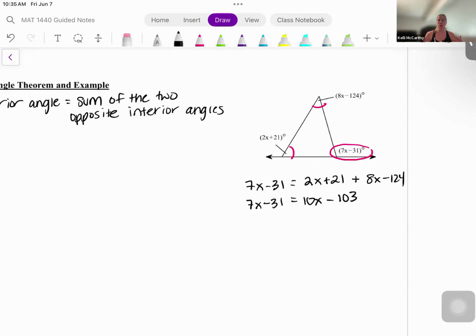So in this example, what I'm going to do is subtract 7x from both sides to start. 10x minus 7x is 3x. And all that I've done now is ensure that when I divide at the end to get x by itself, I'm dividing by a positive number.